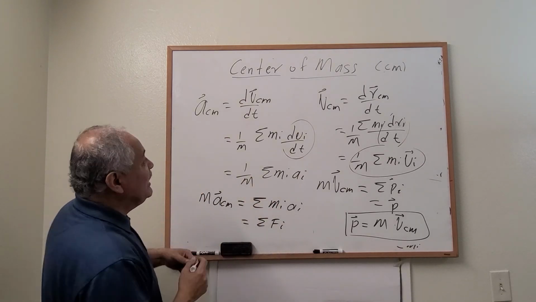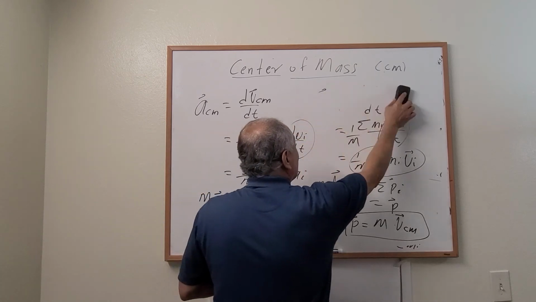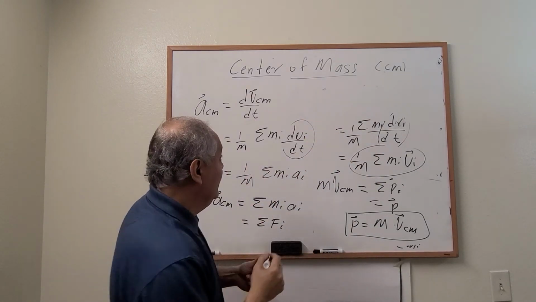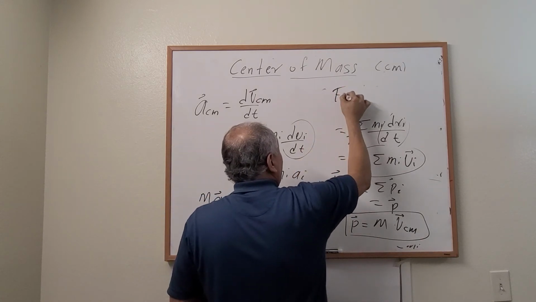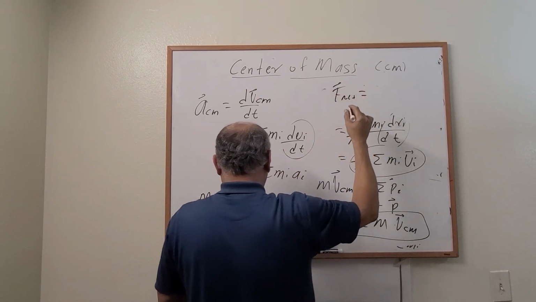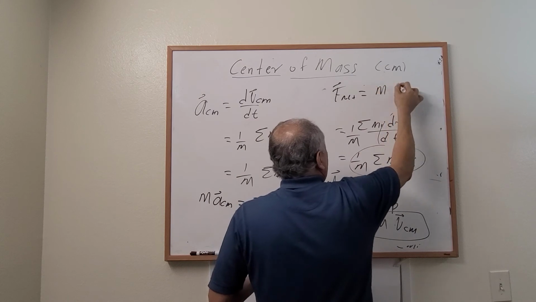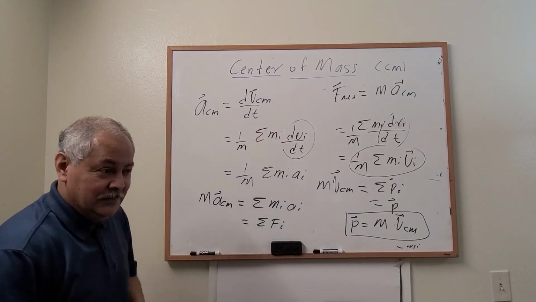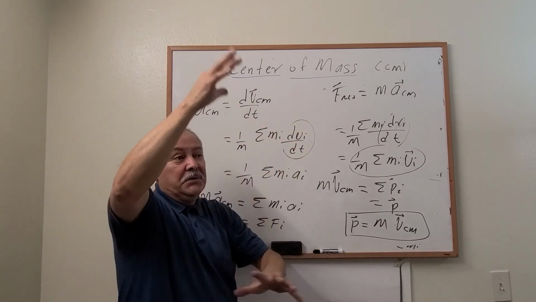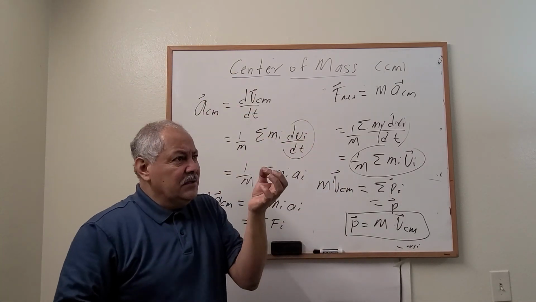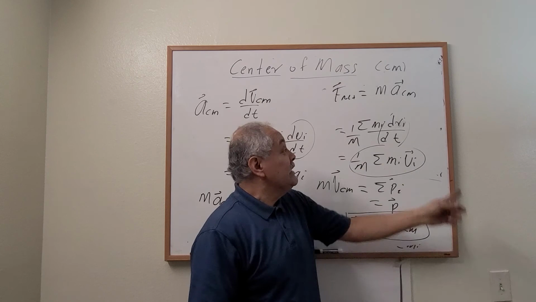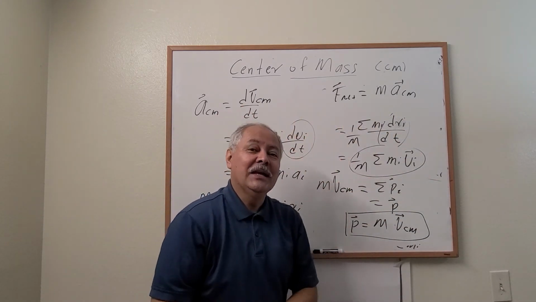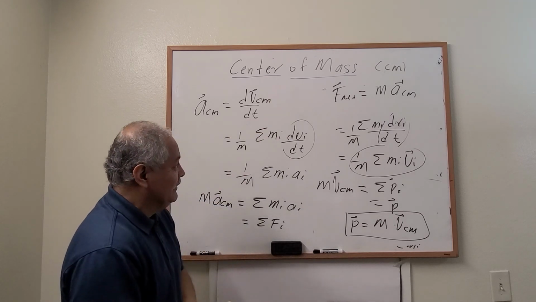So we found that the net force, Newton's second law, remember Newton's second law, is equal to the total mass times the acceleration of the center of mass. Instead of taking the acceleration of the particles, we take the acceleration of the center of mass times the total mass, which gives us the net force acting on a system, correct?